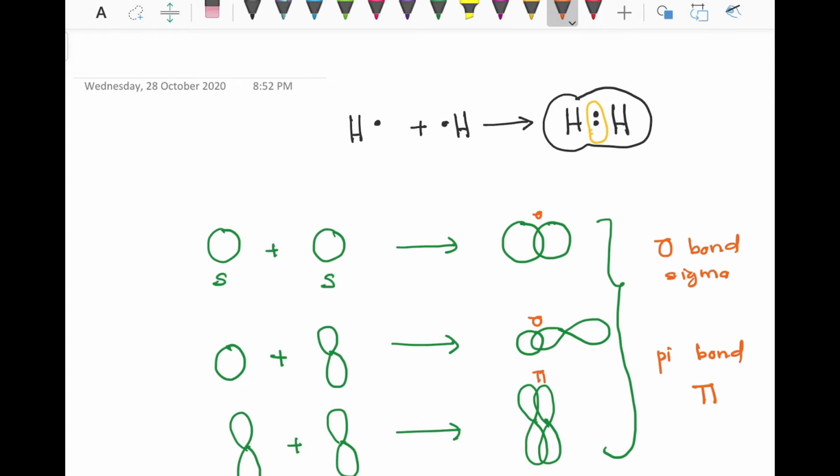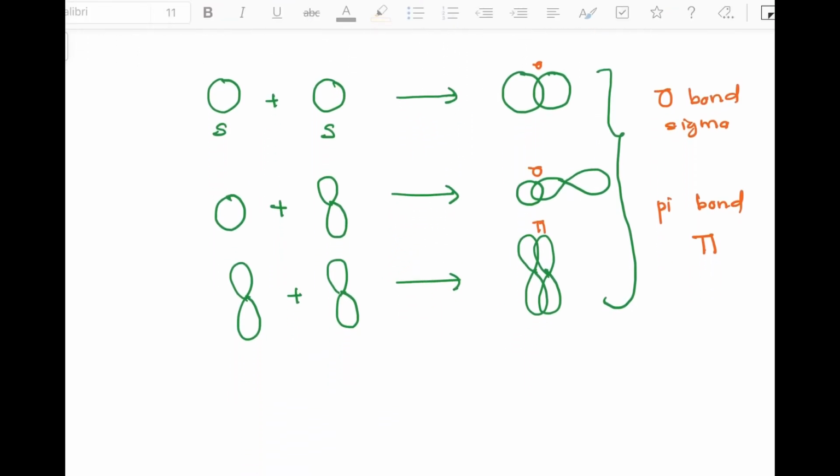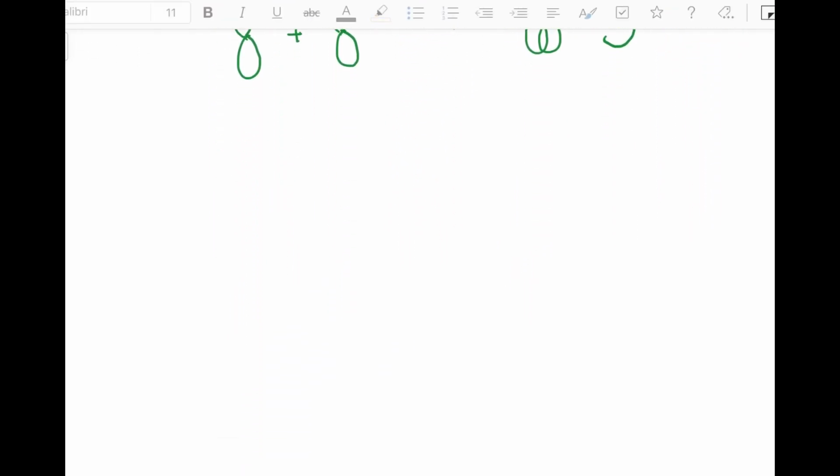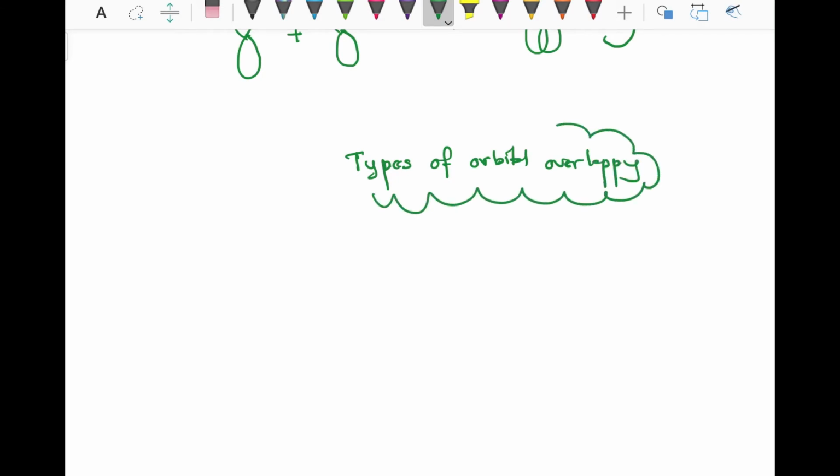So this is the first thing that you have to understand before we discuss further about the orbital overlapping. Next, we will look at the types of orbital overlapping. We have two types. The first one, we call pure orbital overlapping.